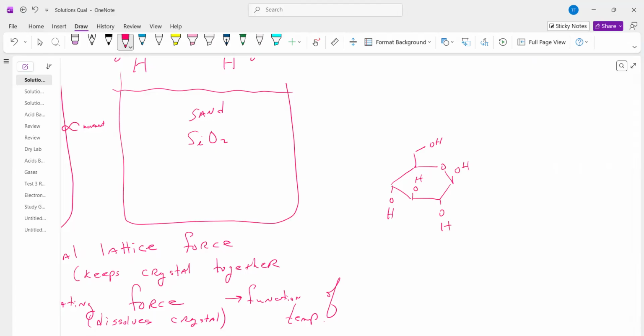What do you notice on that glucose molecule? Lots of carbons, that's true. What else? OHs, just like water.